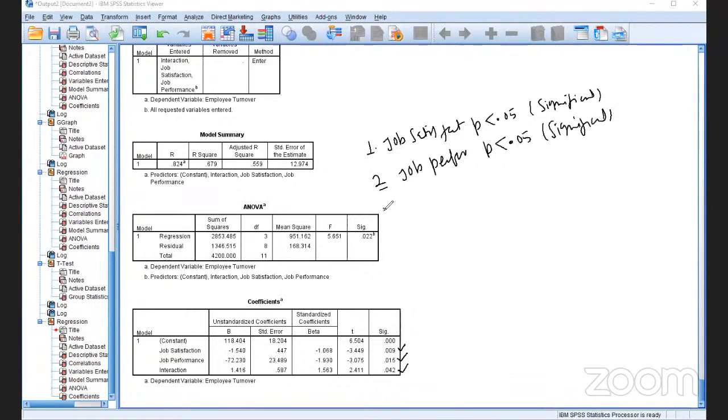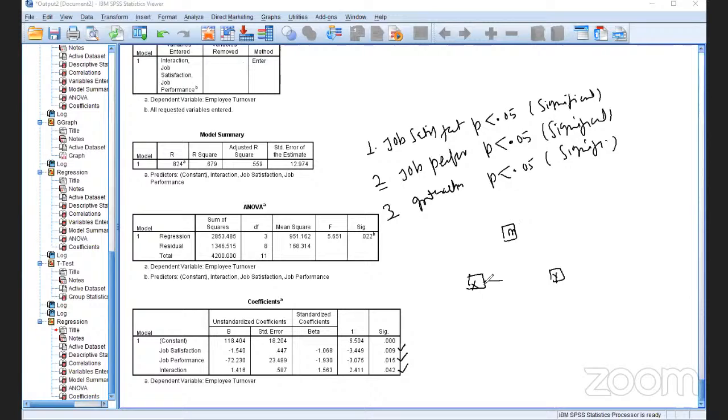And third, the interaction term: the p value is less than 0.05. Again, it is significant. Okay, so earlier we found that when we take all three variables separately, this is y, x, and m.